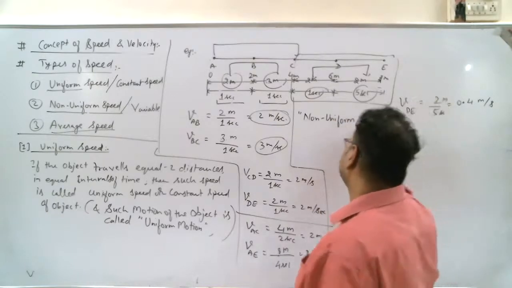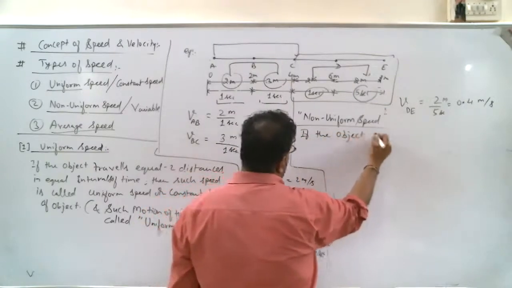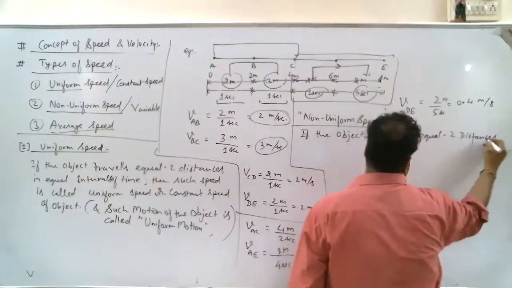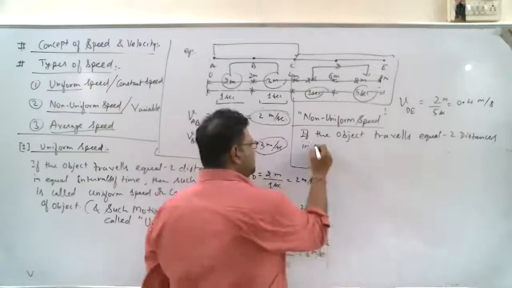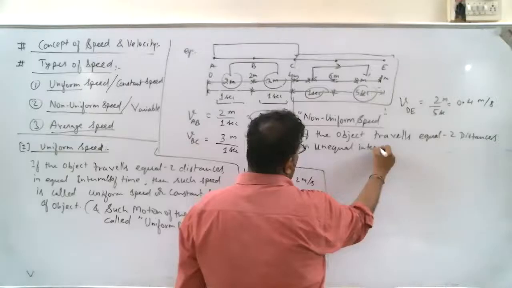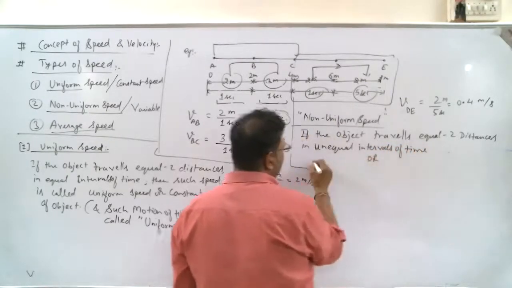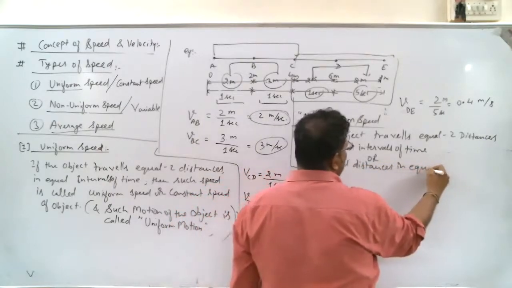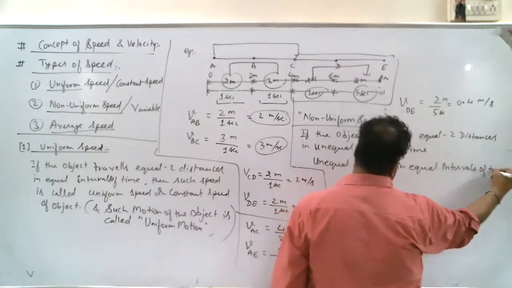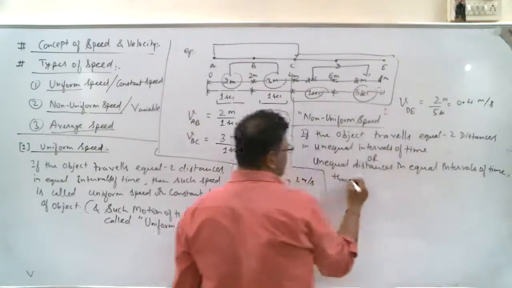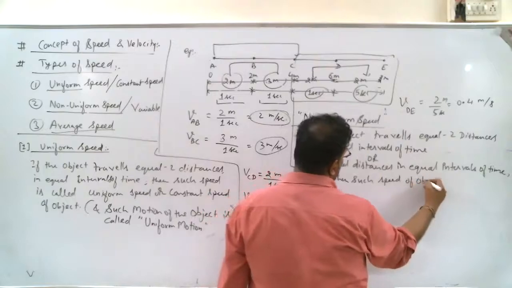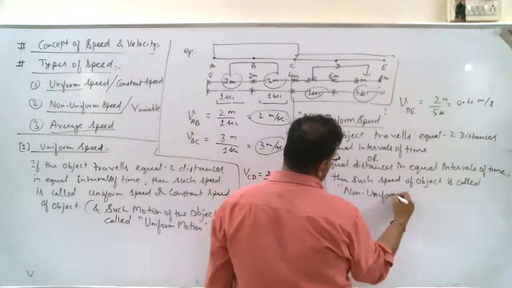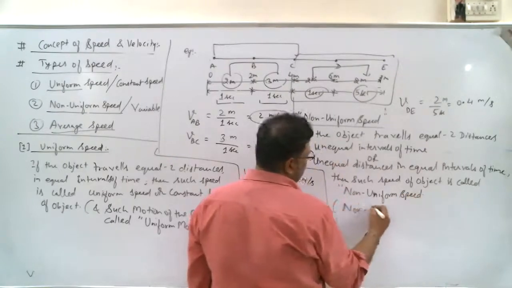Non-uniform speed: if the object travels equal distances in unequal intervals of time, or unequal distances in equal intervals of time, then such speed of the object is called non-uniform speed, and such motion is known as non-uniform motion.